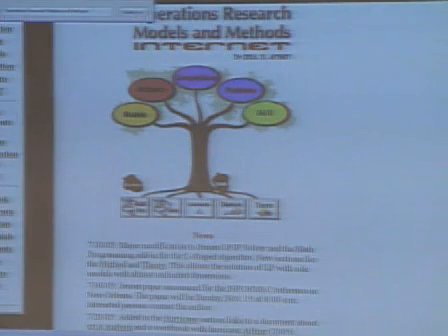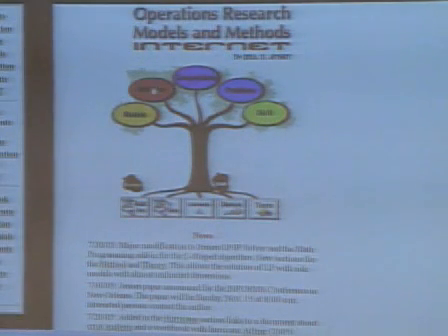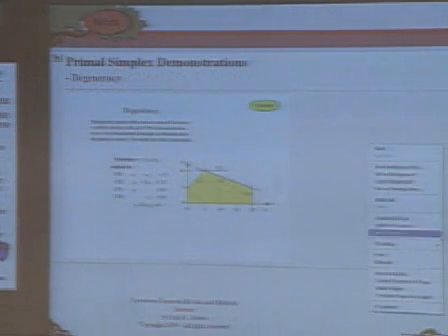So I just showed you something about ties for the entering variable. So one could have ties as a choice of leaving variable as well. And so for that, I want to show you something now.